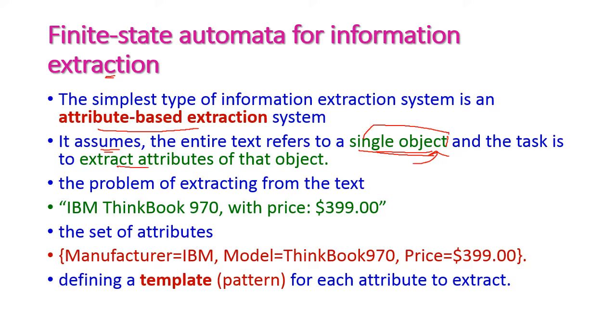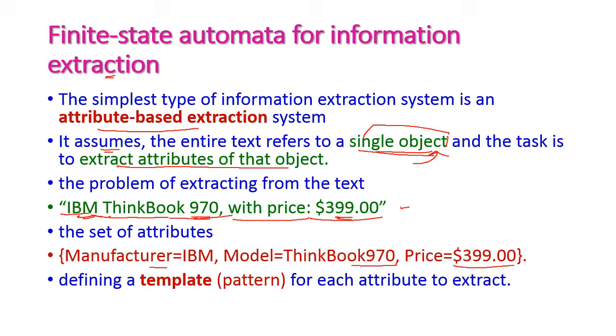For example, this is the given text: IBM ThinkBook 970 with the price $399. This is the set of attributes. From this we try to extract the attributes. What are the attributes? IBM means manufacturer, the model is ThinkBook 970, and price is $399. So these are the attributes.